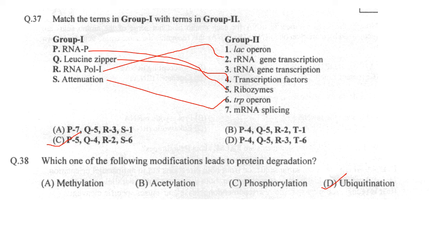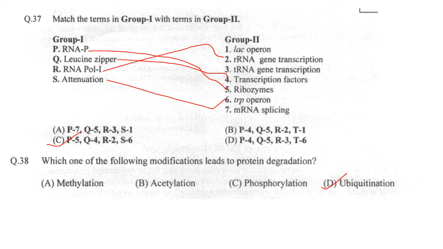So naturally you can tick for P5, but just don't tick C directly without checking the other options also. Okay. Leucine zipper. Leucine zippers are transcription factors. That is also correct. Then RNA polymerase 1. Yes, rRNA gene transcription. So that is also correct. Attenuation. That is found in tryptophan operon. S6. So that is also correct. So option C is correct.